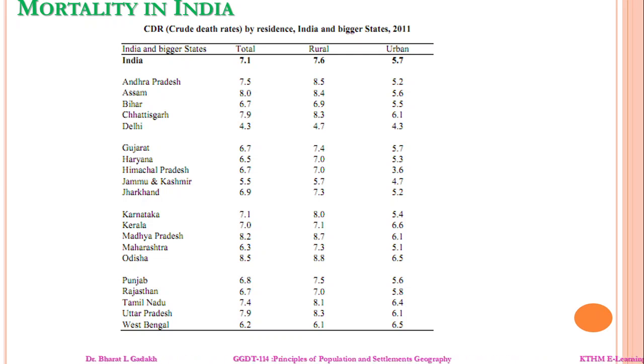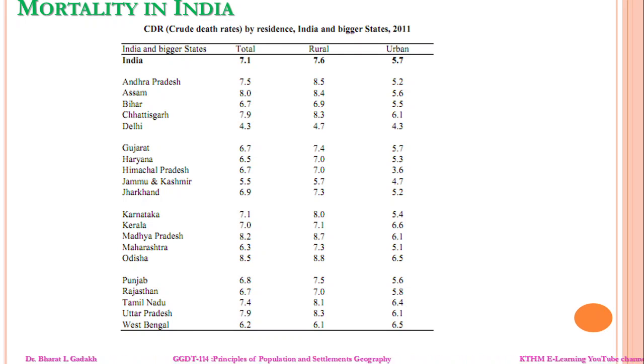Now Tamil Nadu is 6.4 in urban areas and 8.1 in rural area, and the total is 7.4. Uttar Pradesh is 8.3 in rural area and 6.1 in urban area, and the total is 7.9. And the last one, West Bengal, is 6.2 total, with 6.1 in rural area and 6.5 in urban area.